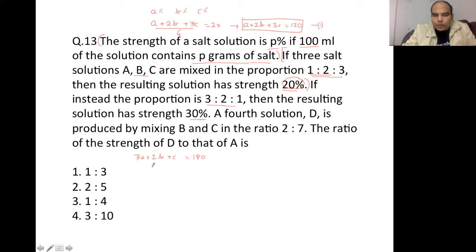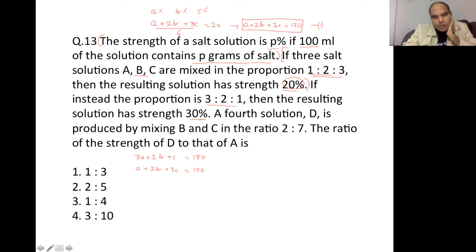So you have these two equations: one equation is A plus 2B plus 3C is equal to 120, and 3A plus 2B plus C is 180.